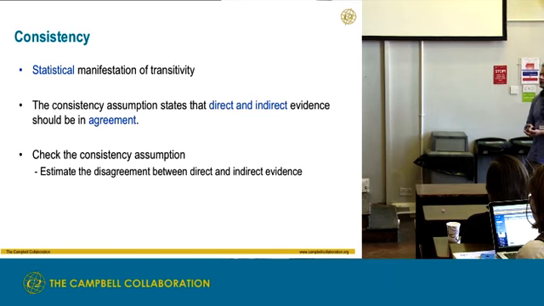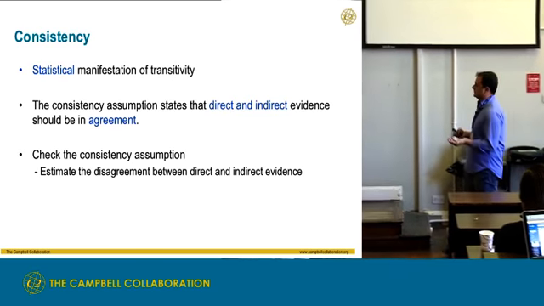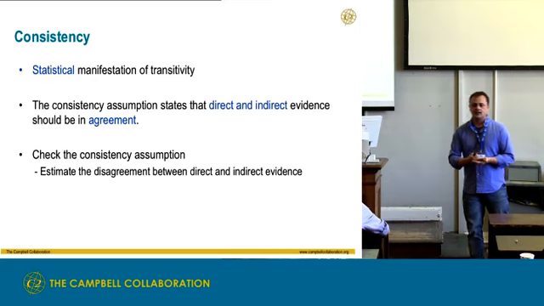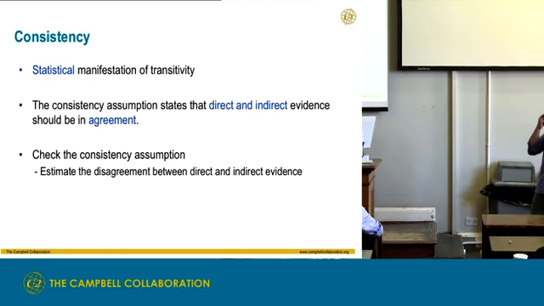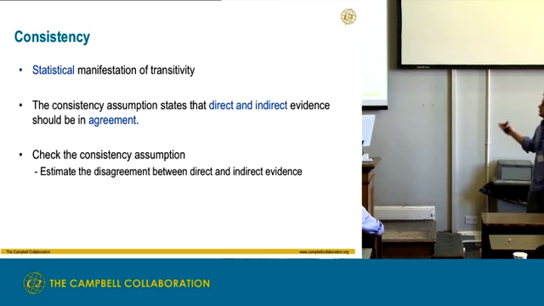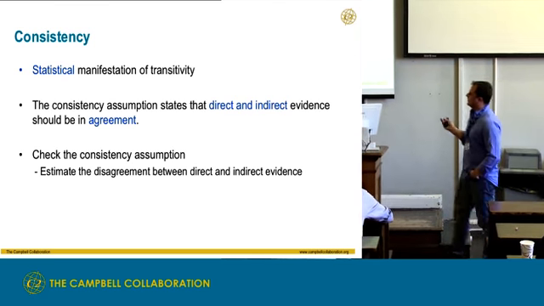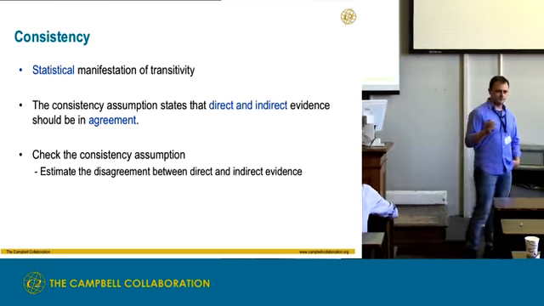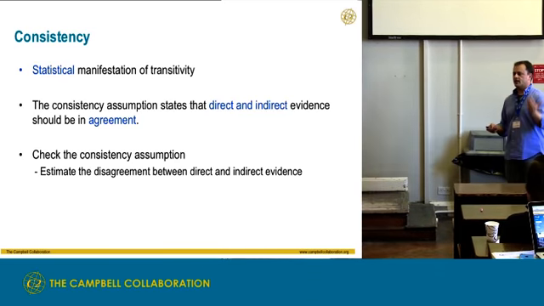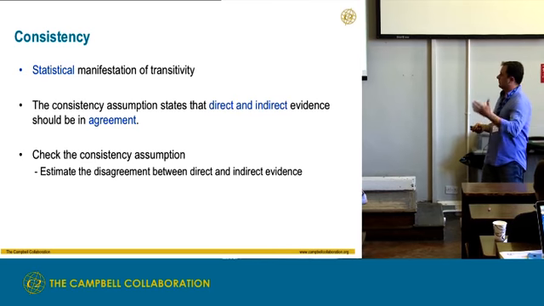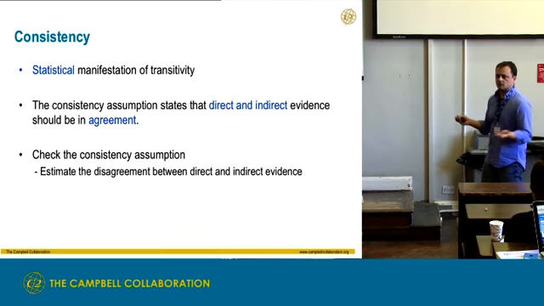So we cannot actually test transitivity empirically, but there is a statistical counterpart called consistency. And the consistency assumption states that direct and indirect evidence should be in agreement. So I get the direct estimate, and the indirect, and I just compare them.